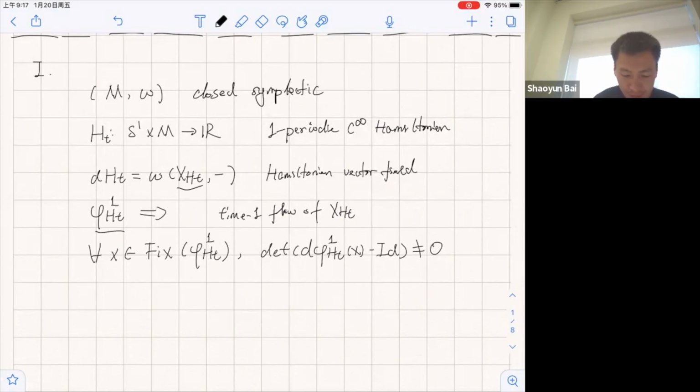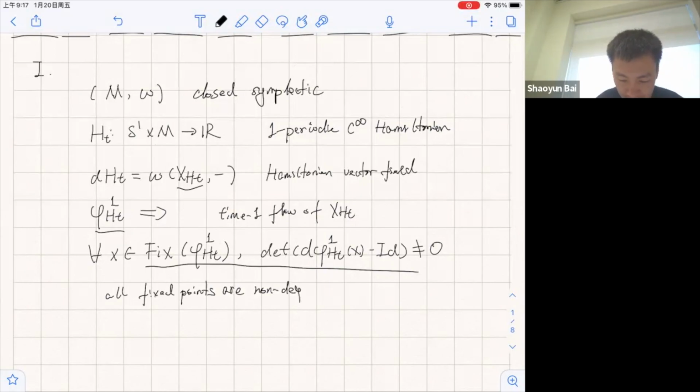So today's talk is about the non-degenerate version of Arnold conjecture. In particular, we assume that for any fixed point of the Hamiltonian diffeomorphism, if we look at its linearization, it doesn't have 1 as an eigenvalue. To say in words, all fixed points are non-degenerate.